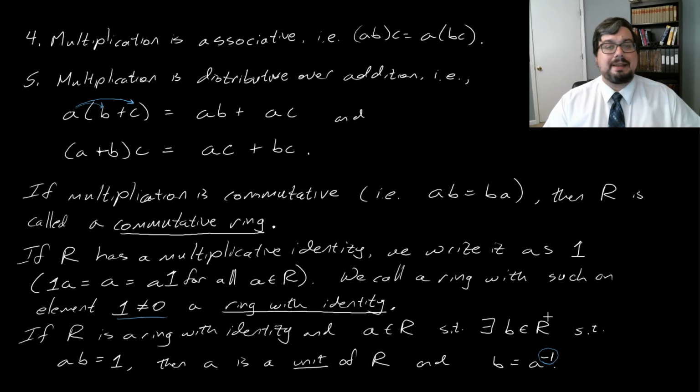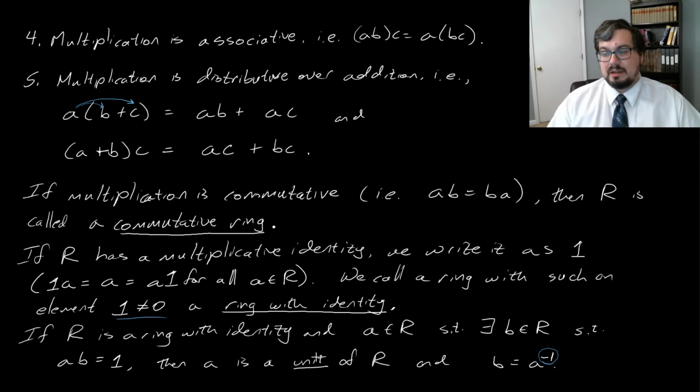We'll be looking at a certain class of rings where every possible element has an inverse, and those have a special name, and we're going to spend quite a bit of time talking about them later. Those are called fields. But a typical ring will have some units and a lot of non-units. All right, so I want to see what we can play around with, just looking at these definitions.